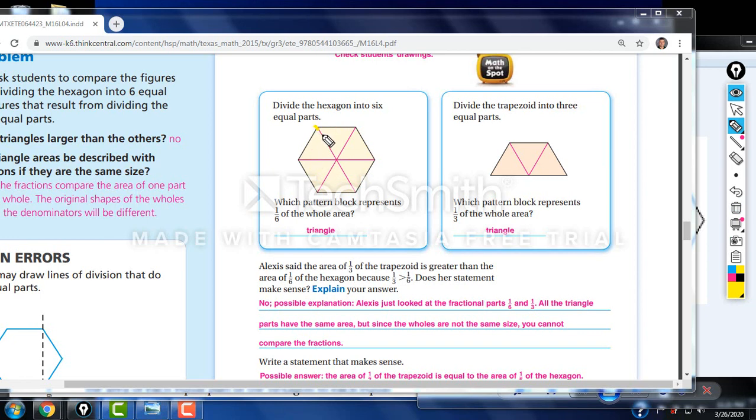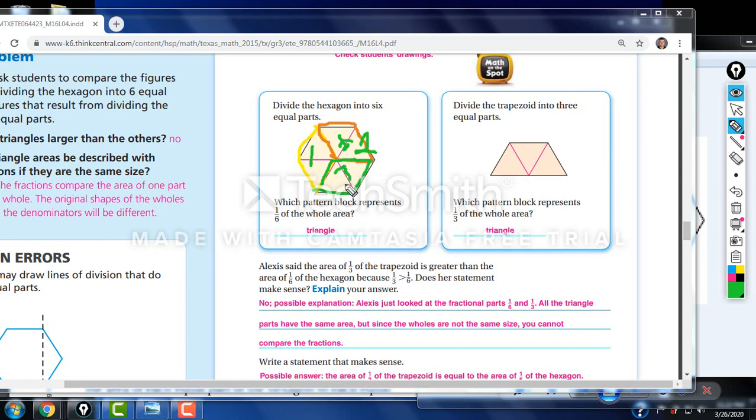Here's one rhombus, and I'm dividing this hexagon into thirds. Here's another one, and here's the last one. See that? Now I have 3. Here's one rhombus, there's another one, 2.